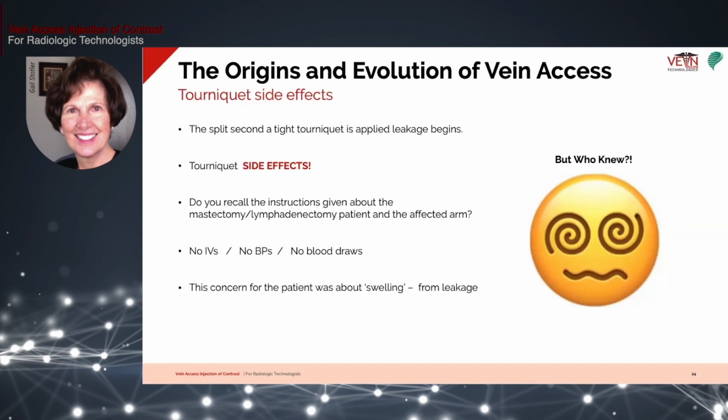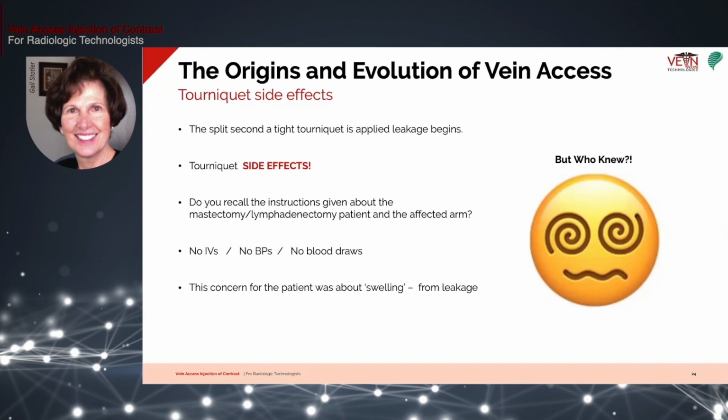Now, if you don't have lymph nodes, you can't get rid of the leakage, but we're talking about injection of contrast. If you get leakage, it's not just fluid from the venous system that's leaking out into your subcutaneous tissue, causing a swelling. It is contrast leaking out with that fluid into the patient's subcutaneous tissue. We don't want that.